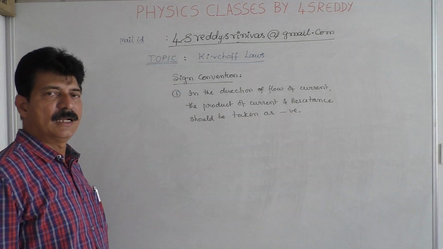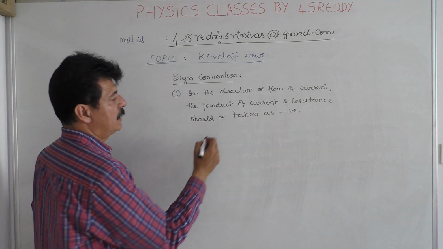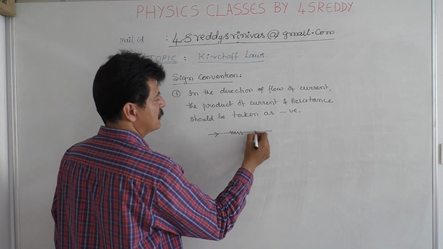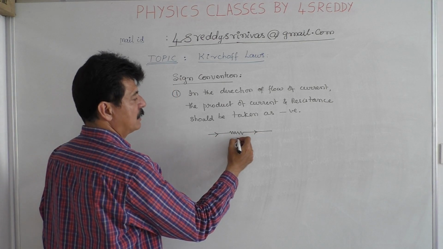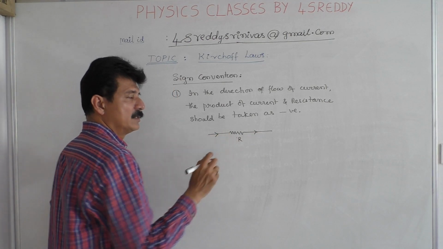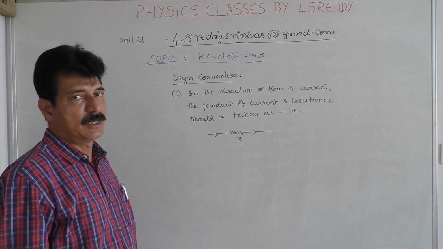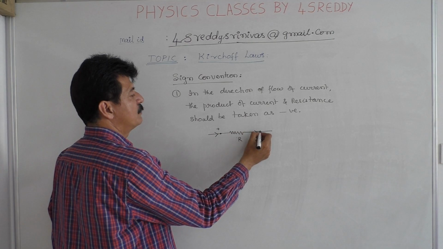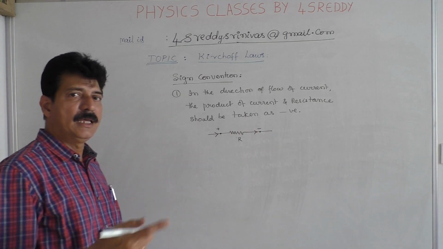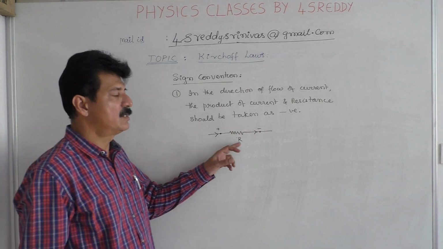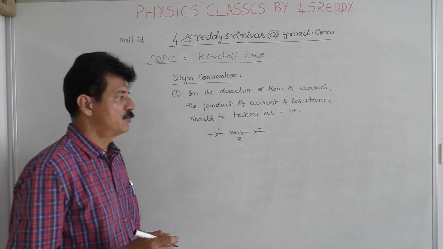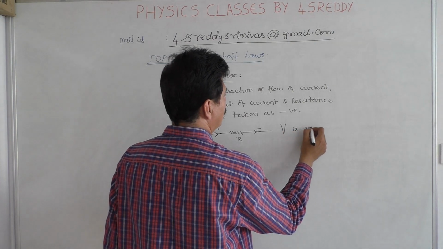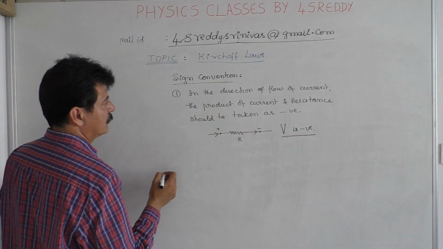The product of current and resistance should be taken as negative, because suppose you consider this is the flow of current in this direction, and R is the resistance you have taken, current always flows from the body at higher potential to the lower potential. Suppose this is a plus, you can take this minus. So current is flowing from higher potential to lower potential. So in the direction of flow of current, the potential difference should be taken as negative. That is, V is negative.